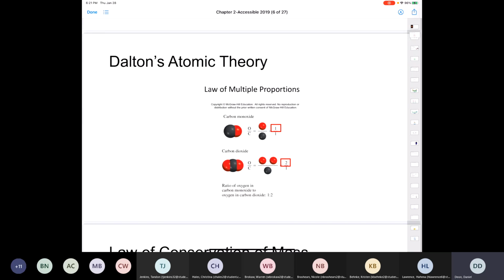Now this goes right back to that example that I just gave you, that if we combine carbon and oxygen, we can make these two different compounds, carbon monoxide and carbon dioxide. But the bottom line is that when the elements combine, even though they can make two completely different compounds, the ratios are going to be small whole numbers. Okay, so small whole numbers.